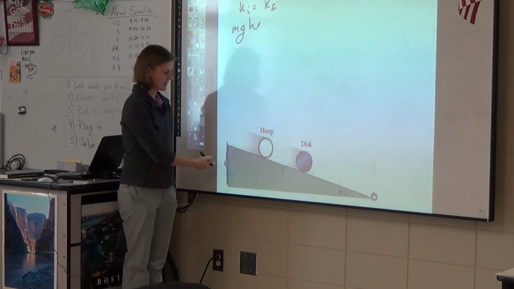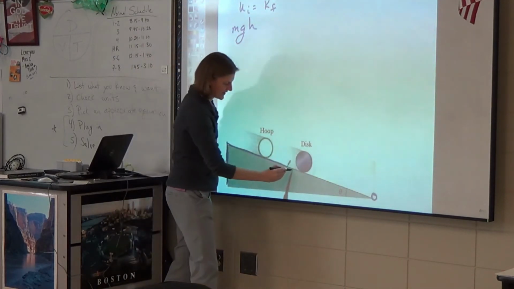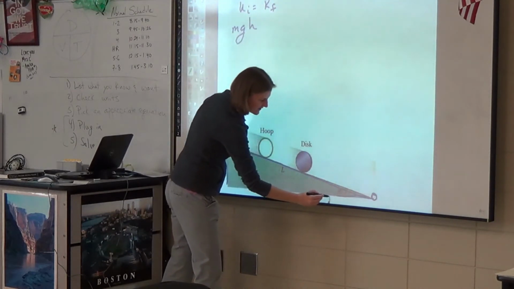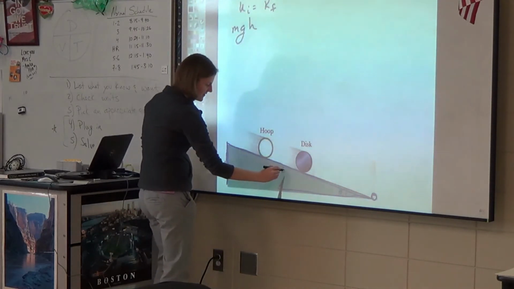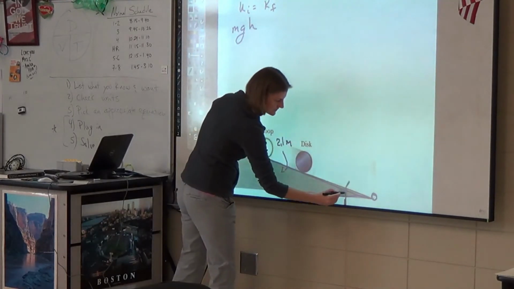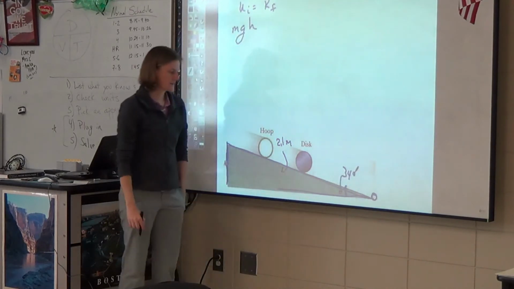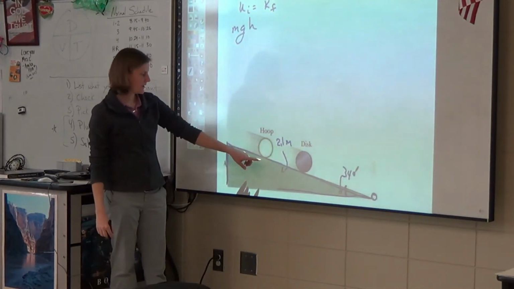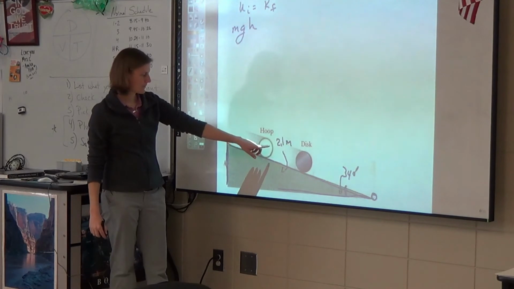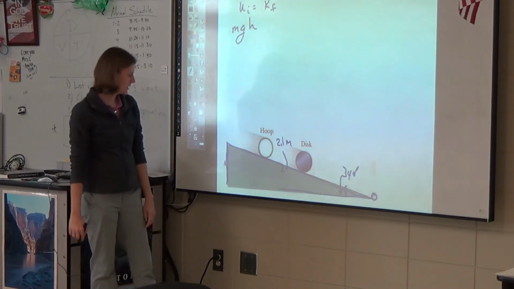And they didn't give us the height, did they? They gave us L. That's annoying. All right, what was L? All right, so we have to do just a little trig for a second. We've got the hypotenuse, and we've got our angle.